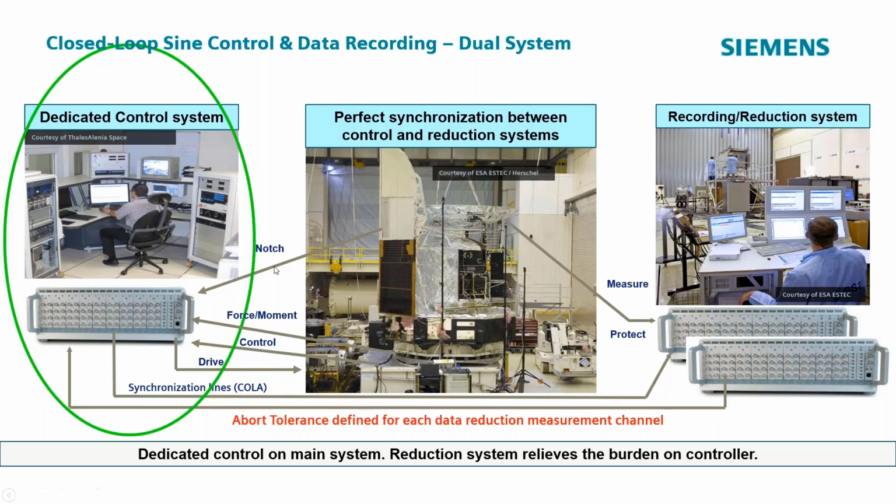You have all these things going into the controller, different notch channels where you want to limit vibration on critical components of your spacecraft. You might do force or moment limiting, where you have a whole bunch of force washers in the interface between the adapter plate and the shaker, where you're controlling things like overturning moment on the spacecraft.